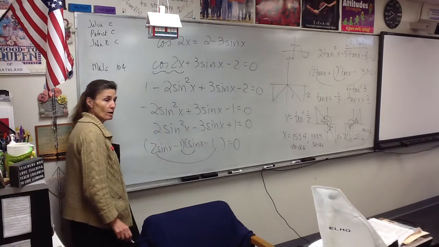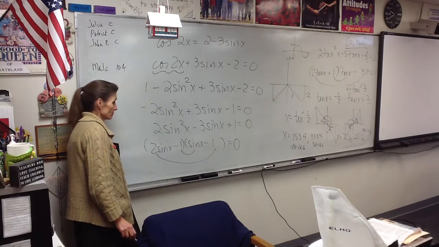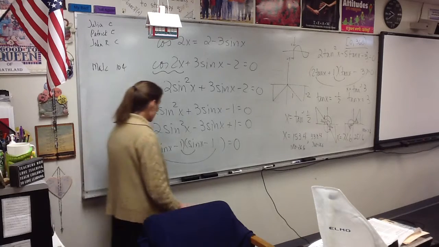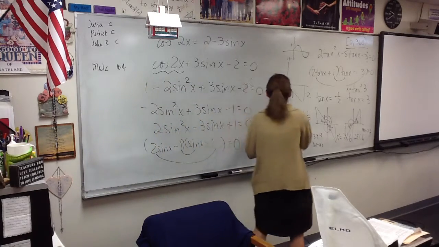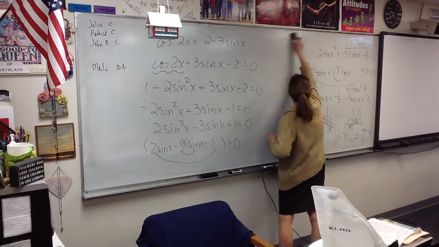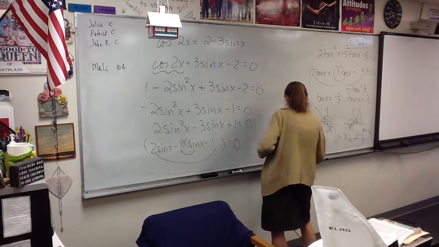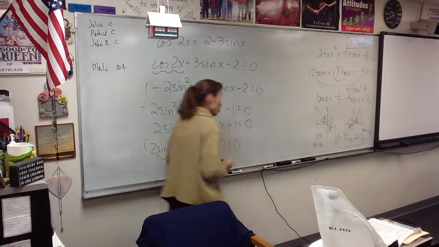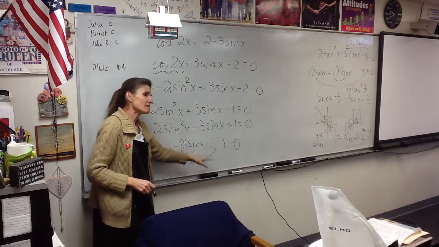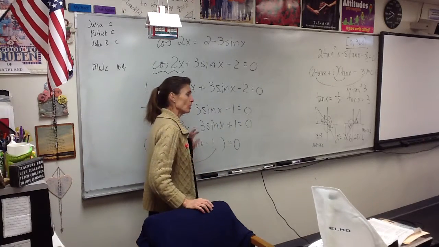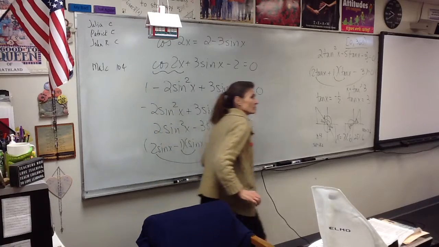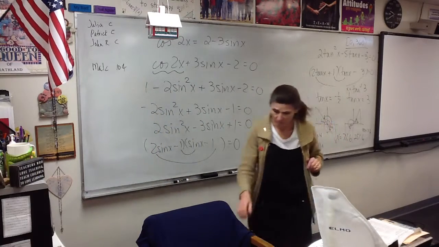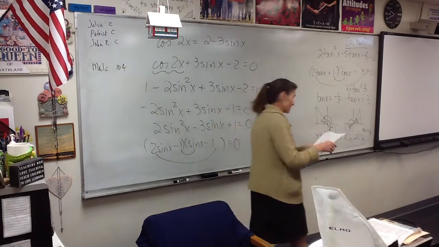Does that give you what you want? Yeah. So we're ready to go. What does that say? Sine equals 1/2. I'm setting those equal to 0. Or sine equals 1. What about sine equals 1? That's a little special. What do I have to look at there? The unit circle, right? I got to go around the circle.